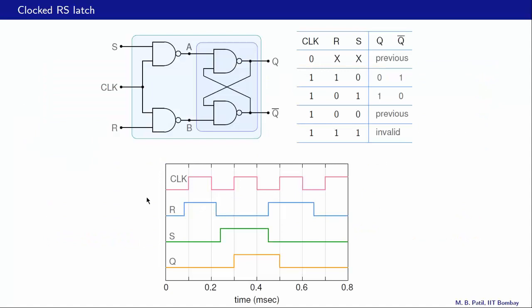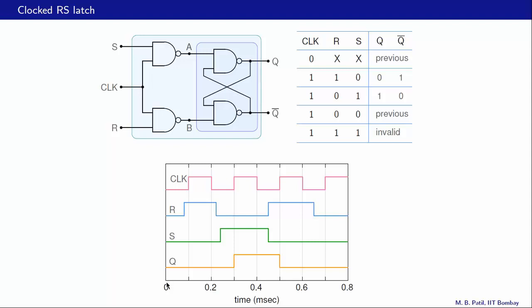Let us now try to understand these waveforms for the clocked RS latch using this table here, which we looked at in the last slide. So here is the clock waveform, periodic. Here is the R input given to us, and here is the S input. And let us assume that the latch starts in a state Q equal to 0.